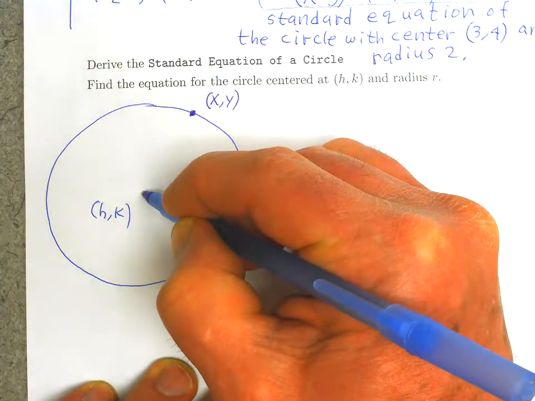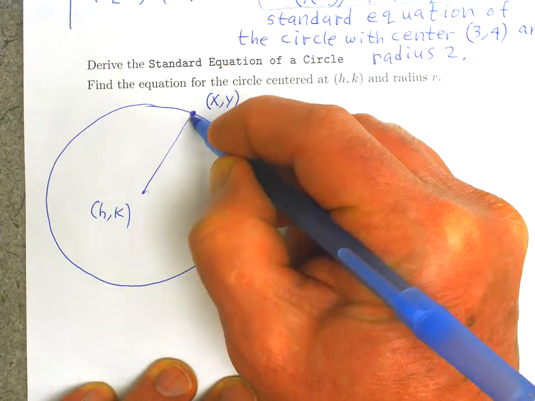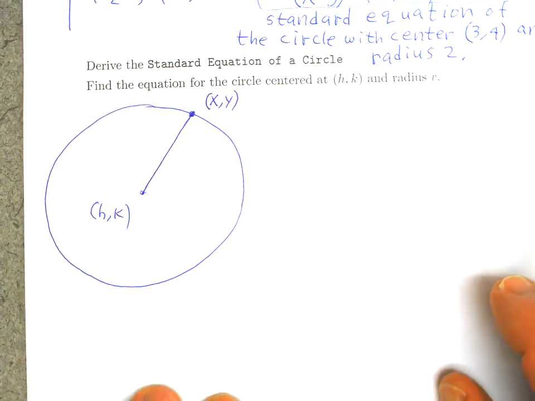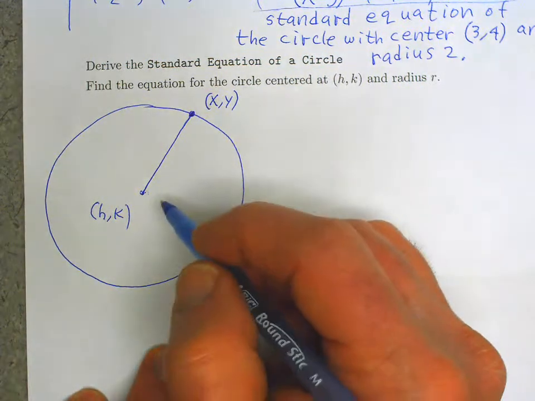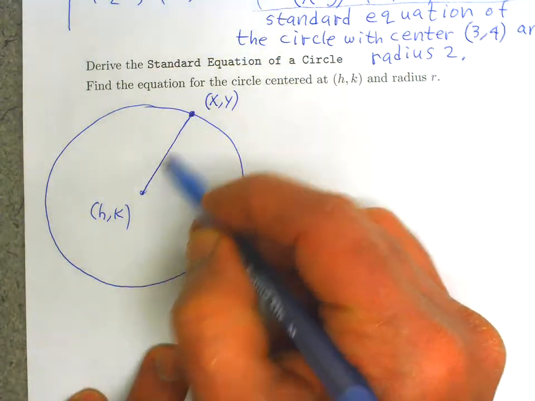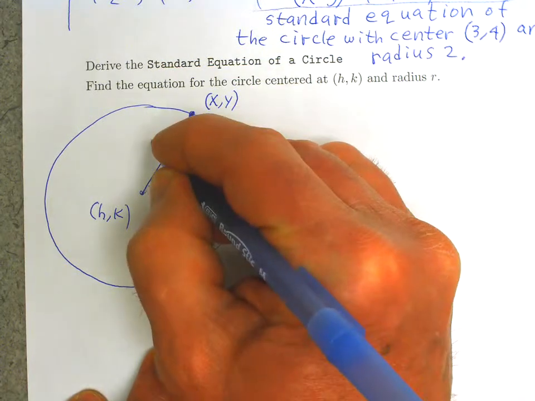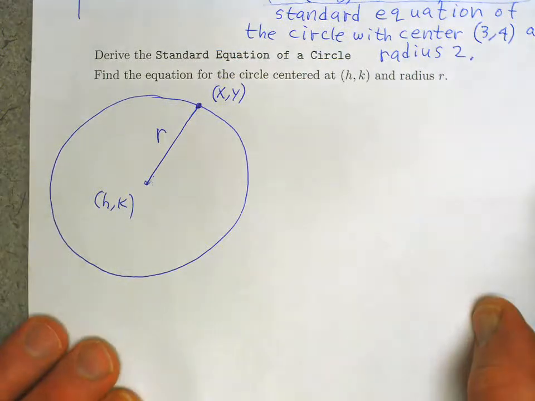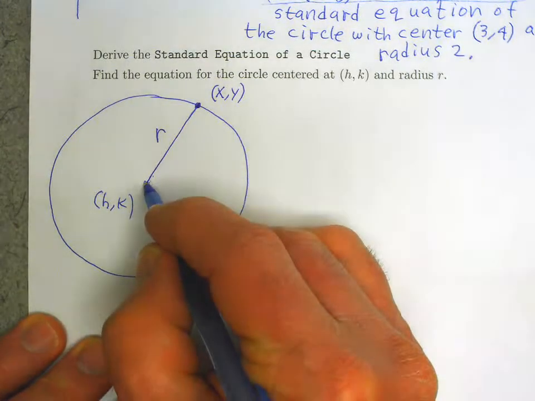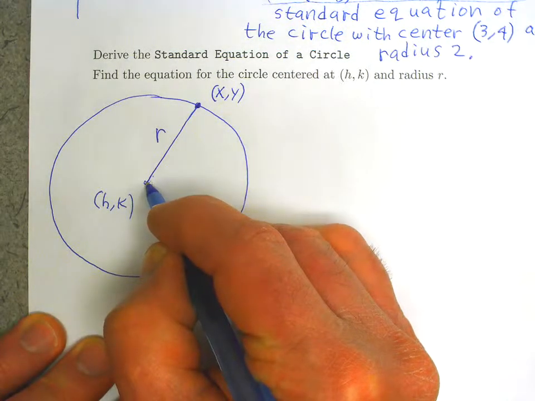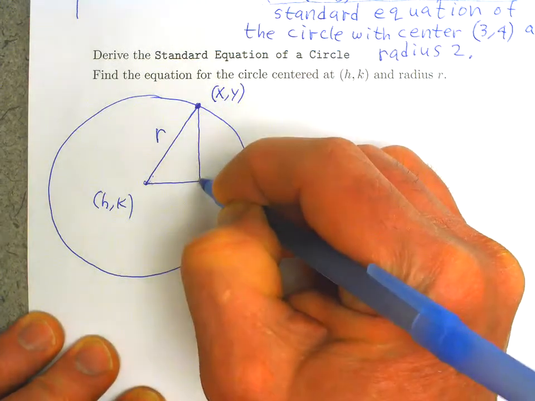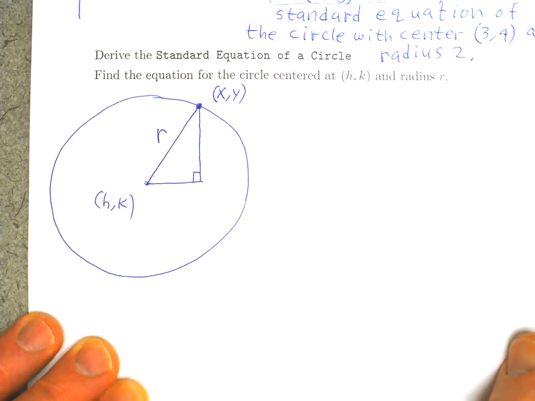So we're going to construct a right triangle. We'll connect the center to that point. This is going to be the hypotenuse of the right triangle, and the length of that hypotenuse is r. That's the radius of the circle. Then we're going to connect horizontal and vertical line segments to form a right triangle.